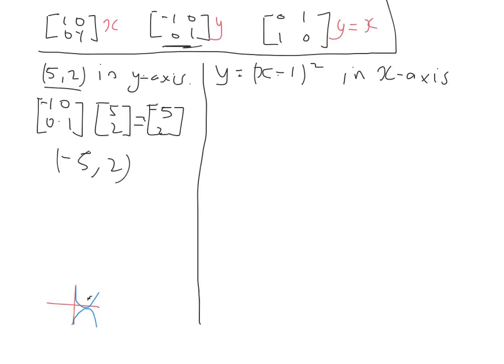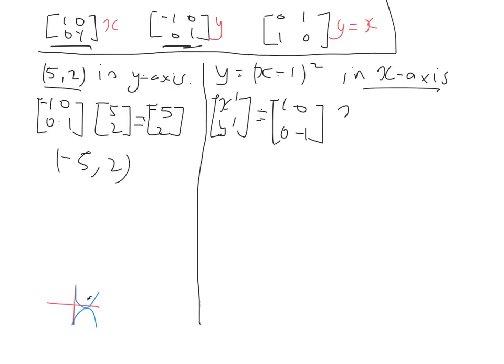So with this one, we set it up like we did before. So we have our x dashed and our y dashed will equal our transformation matrix, so x-axis. So we're going to use this one. So we've got 1, 0, 0, negative 1.